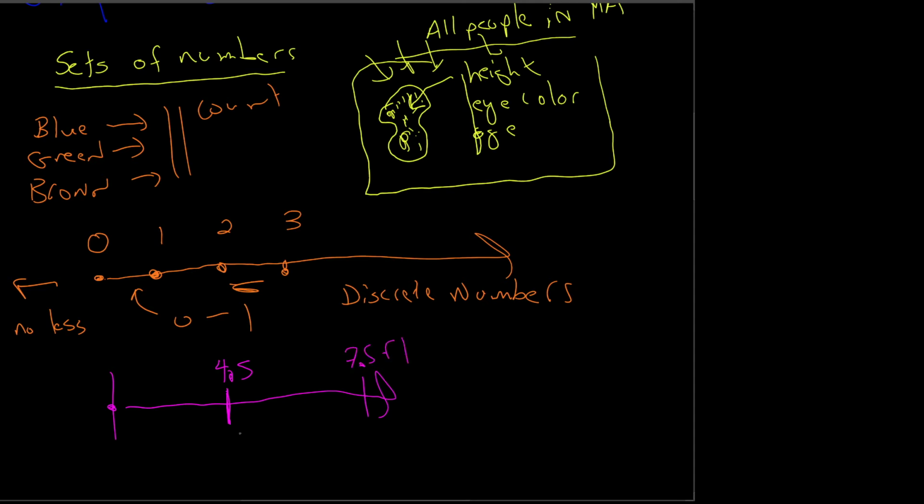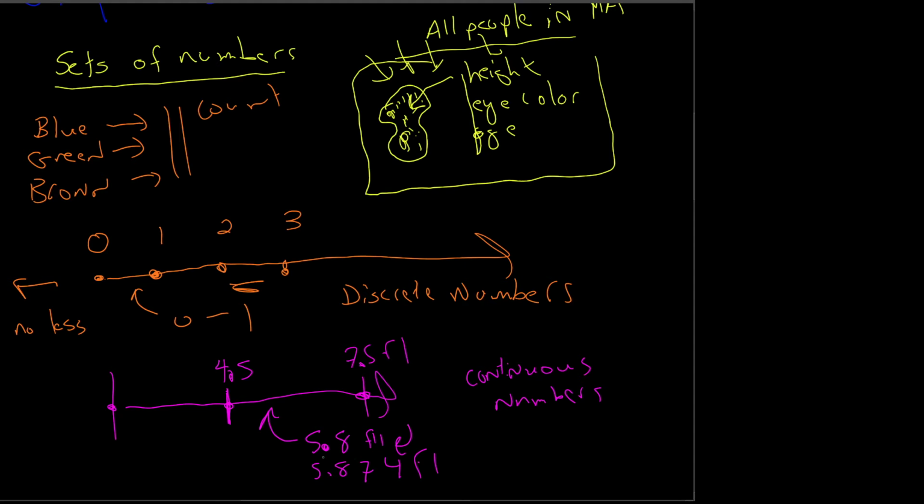We'll find that most people are in there somewhere, but they can be any range. You have 5 foot, 5.8 feet. You have 5.874 feet, and you can have this range of numbers. And so we're going to have to pay attention to how we define the different types of numbers. And these are called continuous numbers. We can always wedge a number in between them. They're smooth. There's no gaps.